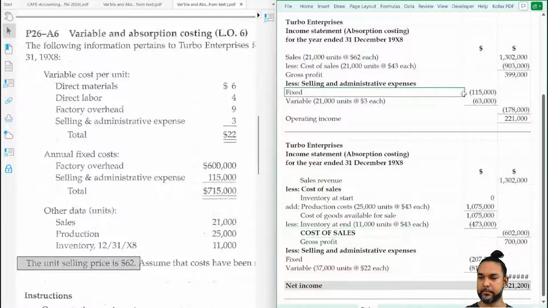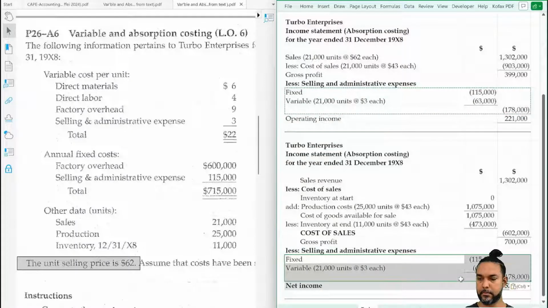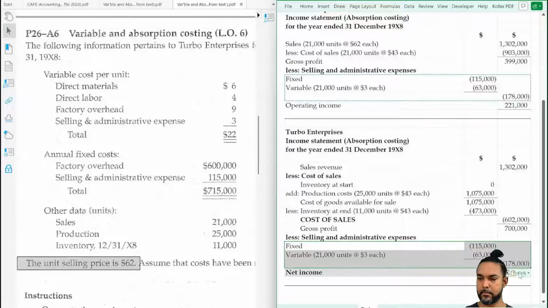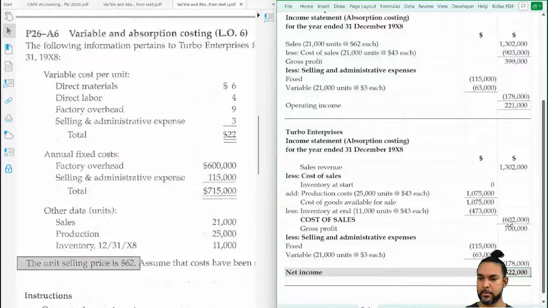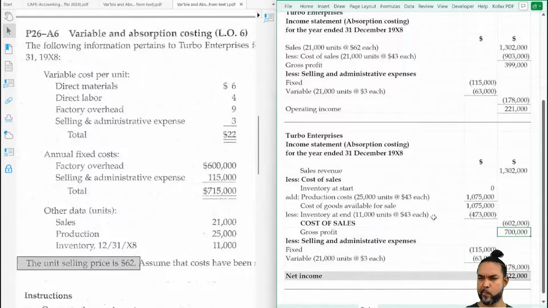And then cost of sales is 602. At 43, 25,000 at 43.